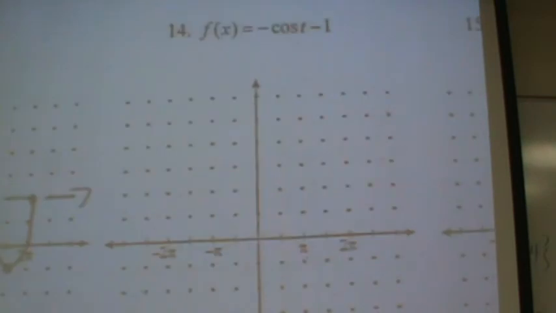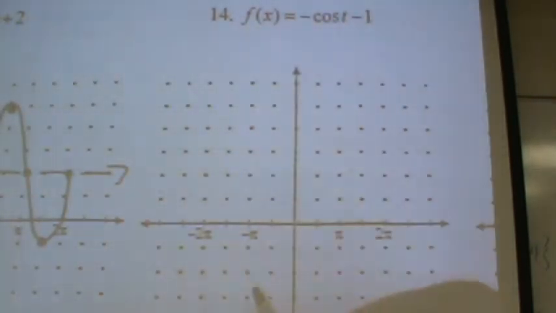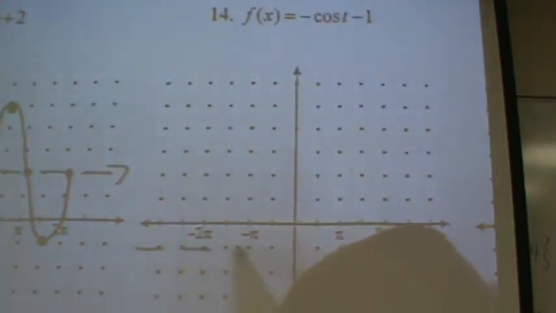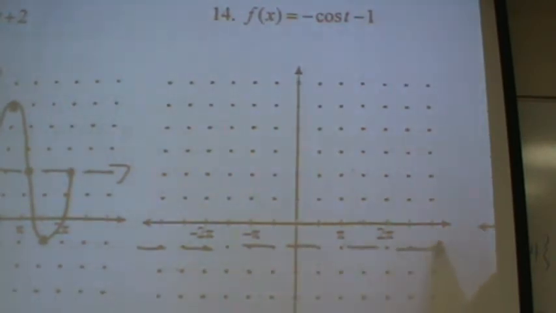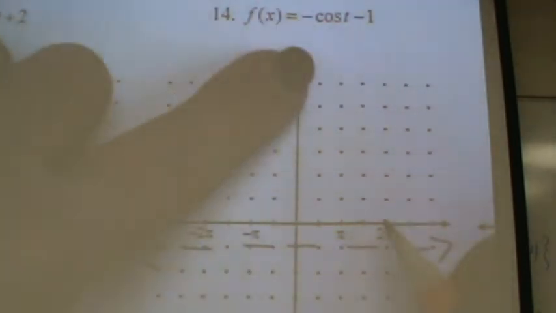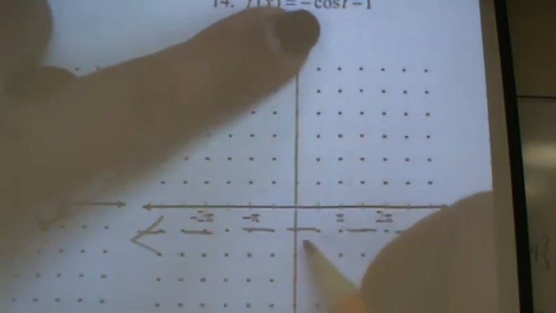Number 14, your new x-axis is -1. And it's an upside down cosine curve, so it's going to start 1 below.